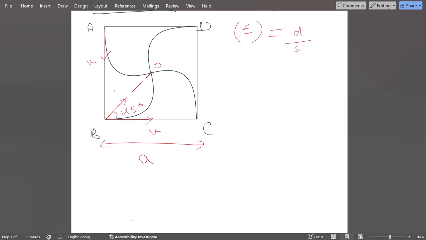Towards the center O is v cos 45. That means v upon root 2. As for the distance, it is a upon root 2. When we solve, we'll get the distance as a upon root 2.